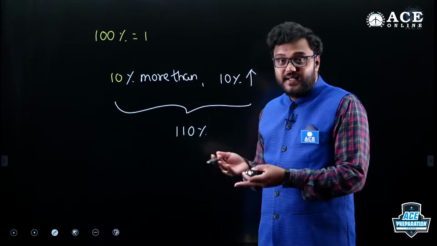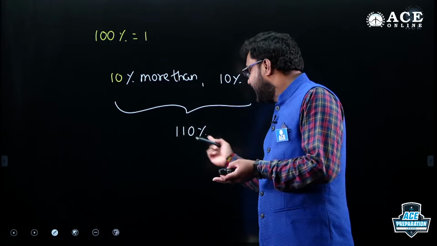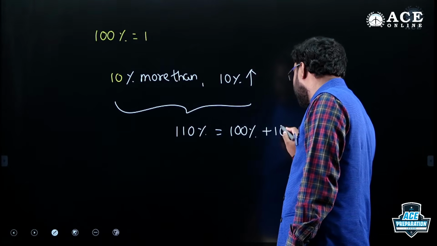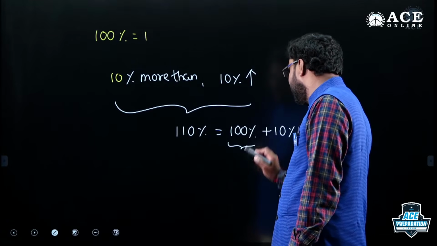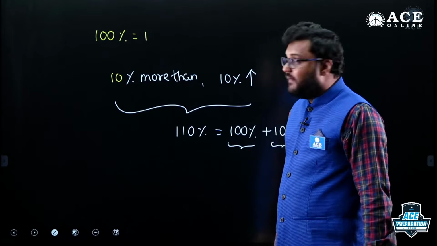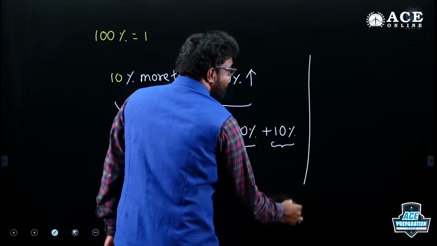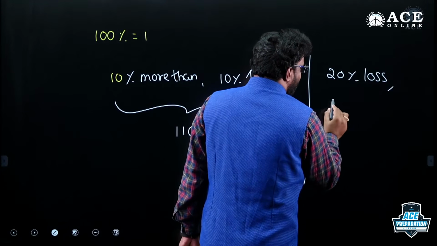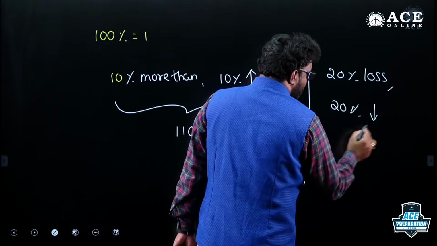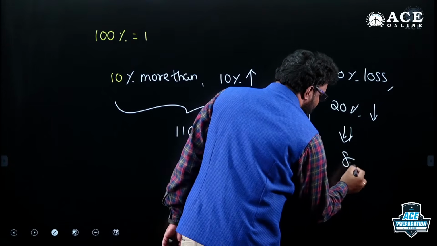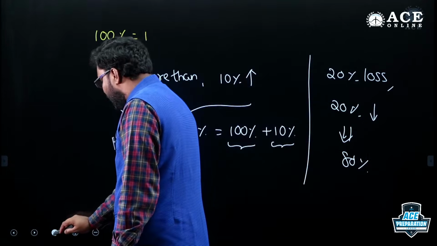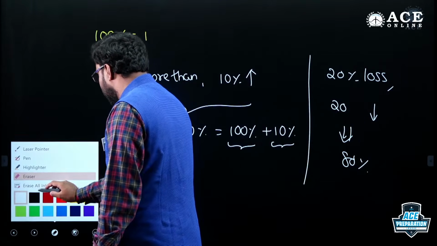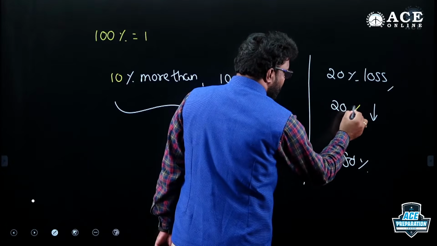And here 10% increase means 100% is the same, plus 10% extra. When they mention in the question 20% loss, in profit and loss it is the same thing, 20% decrease means automatically we should use the word 80%.